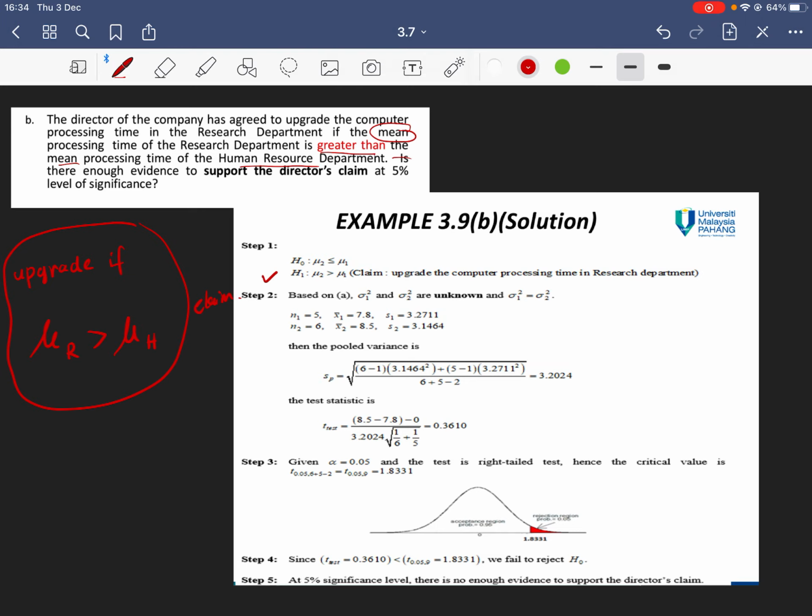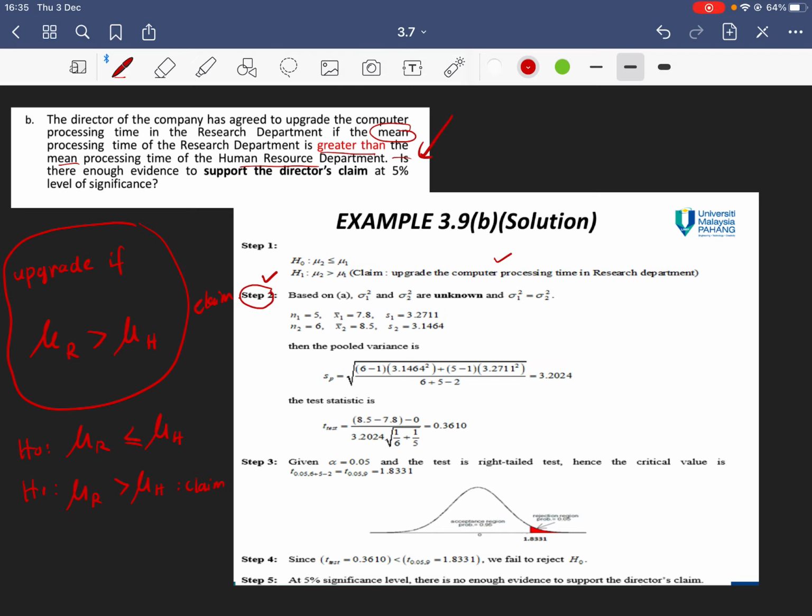Okay, so mu2 greater than mu1, it is H1. The same goes to here because I use mu research greater than mu H. Mu research less than mu H. Same here. Right, so for step number 2, which formula do you want to use?